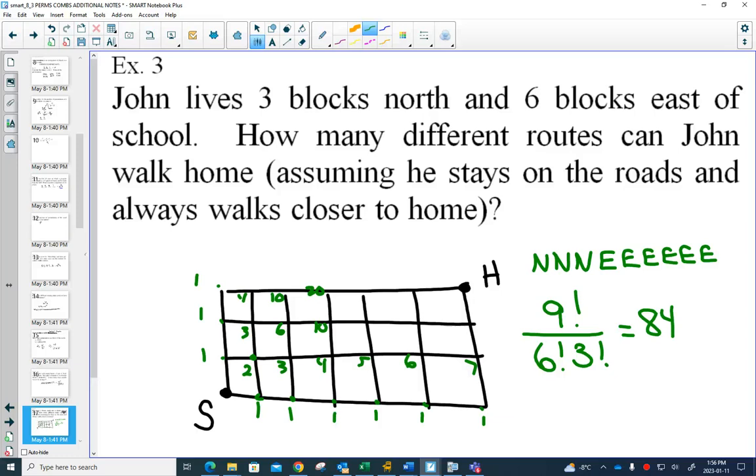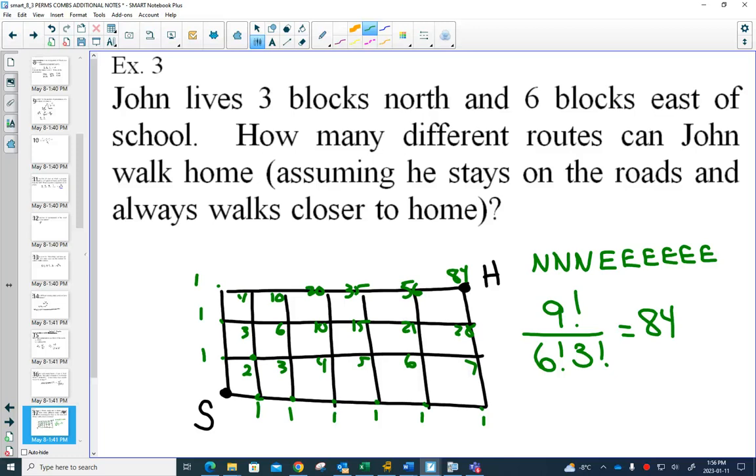Then 10 plus 10, this would be 20. 10 plus 5, 15. 15 plus 6, 21. 21 plus 28, 35. 56. 56 and 28, 84. Works out. So yeah, there are 84 ways that we could get from school to home.